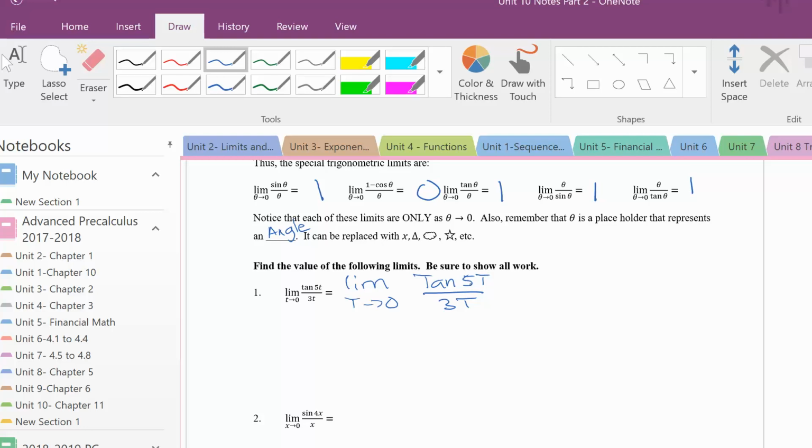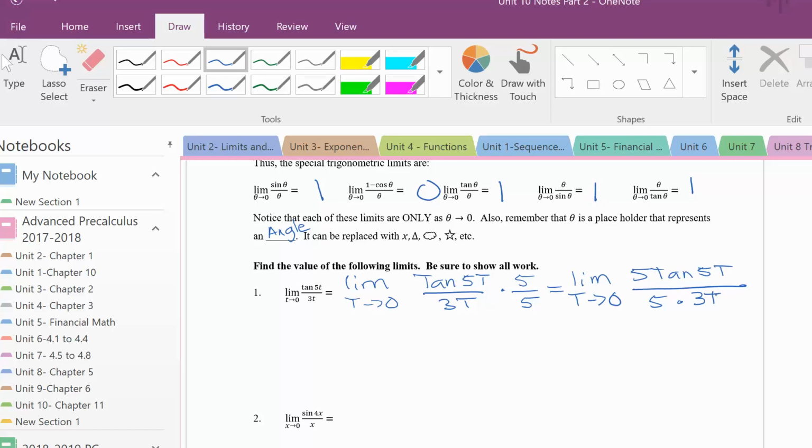Now I'm going to want to get it so that I have the same number, like I had 5t over 5t. So what I'm going to do here is multiply the top and the bottom by 5, numerator and denominator. So that gives me the limit as t approaches 0 of 5 times tangent 5t over 5 times 3t.